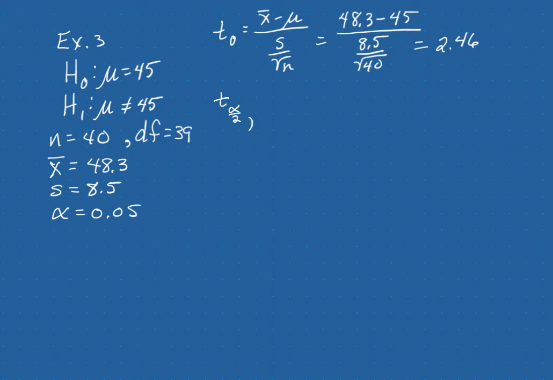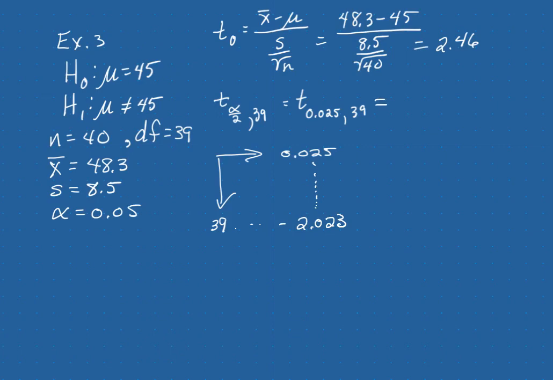So specifically, this is 0.025 with degrees of freedom 39. We go across the top until we get to 0.025, then down to degrees of freedom 39. And when I go across that row and down that column, I get 2.023.